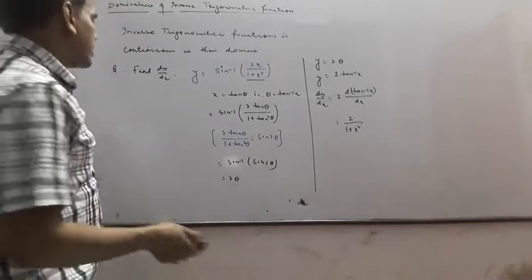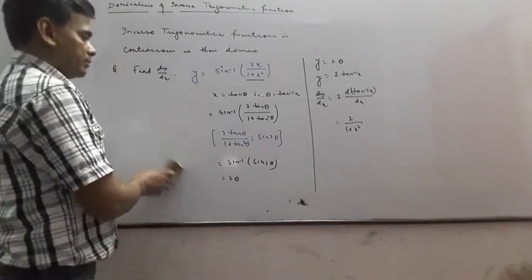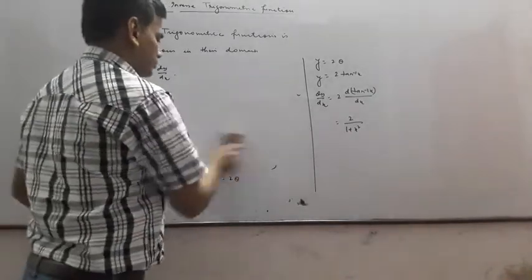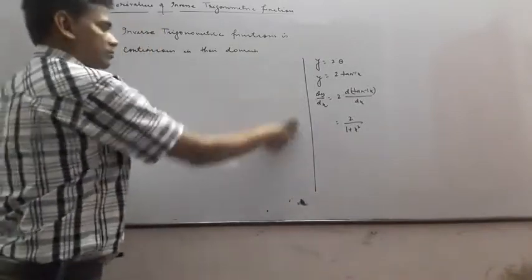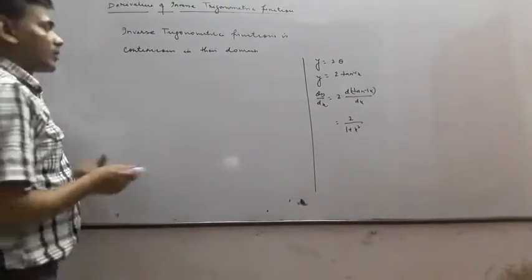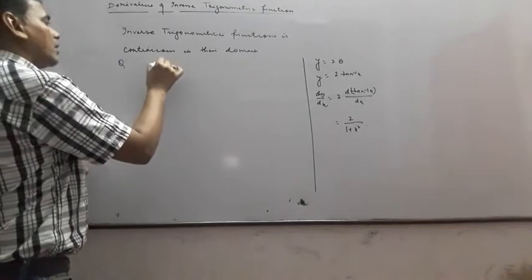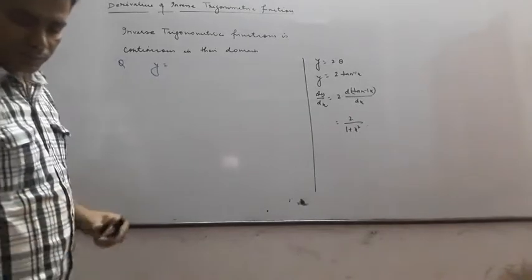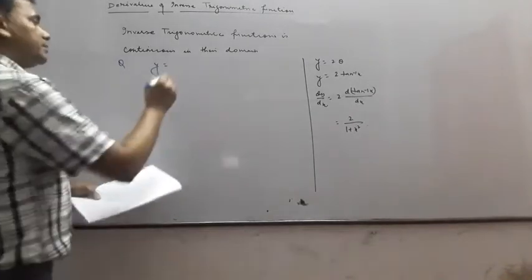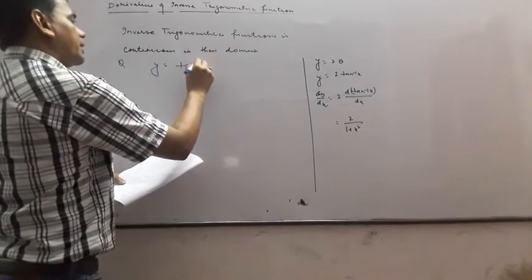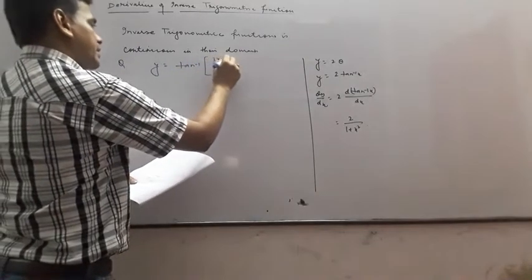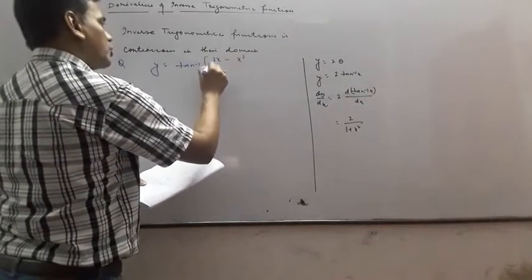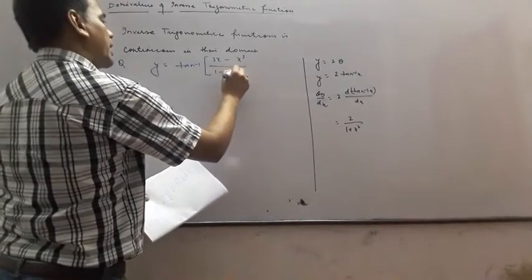Let us see another example on it. Question here: y equals tan inverse of 5x minus x cube over 1 minus 3x square.